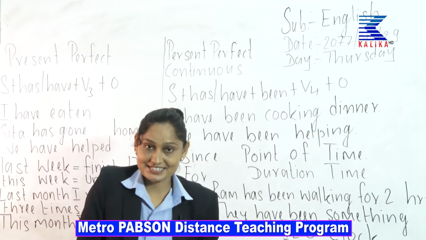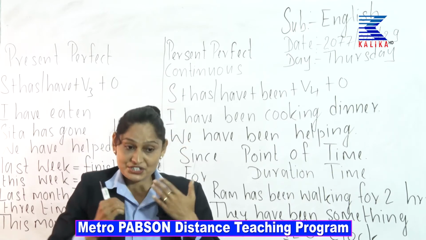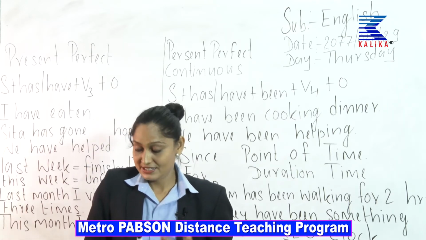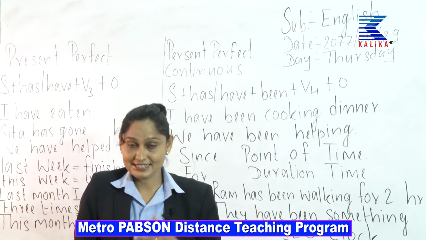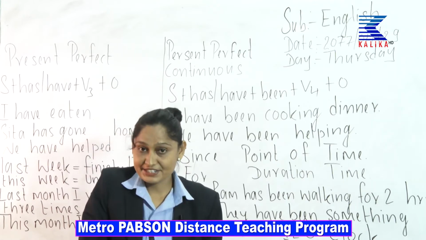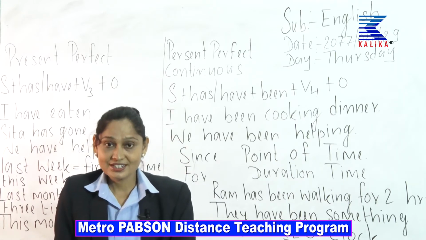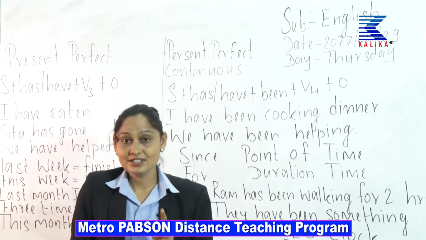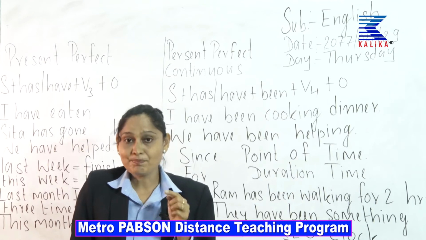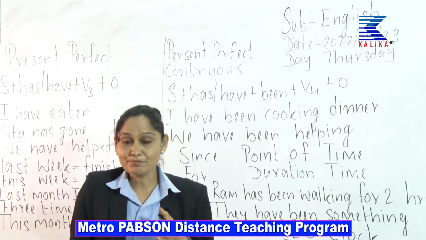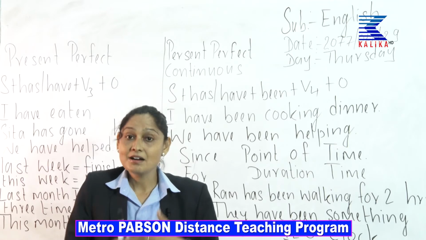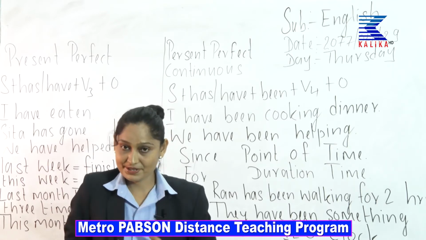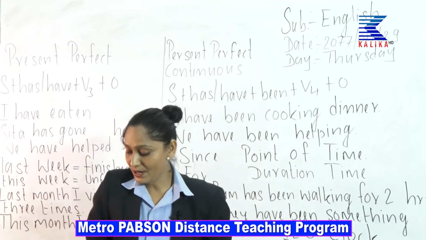For the moment it is complete, but she can read more also. So that is present perfect. There are some examples, and there are rules in negative also and how to make questions. We will see that in a slide. And remember one thing, children, present perfect is the bridge between past and present. There is a relation. Now slide.